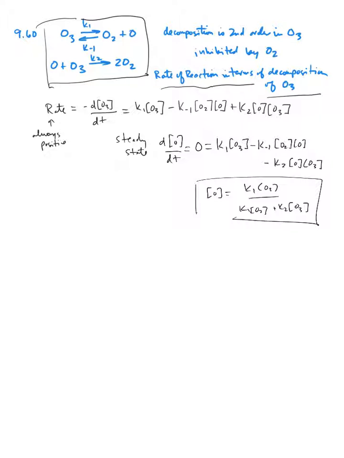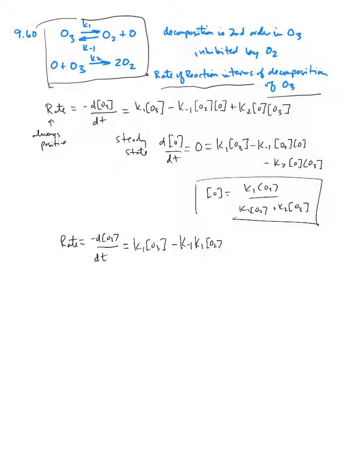Let's see. The rate of the reaction, which this problem is again worded as the rate of decomposition of ozone, in terms of the rate of decomposition of the ozone, is going to be this first term, and then something that looks pretty messy. I've got K minus 1 times K1.